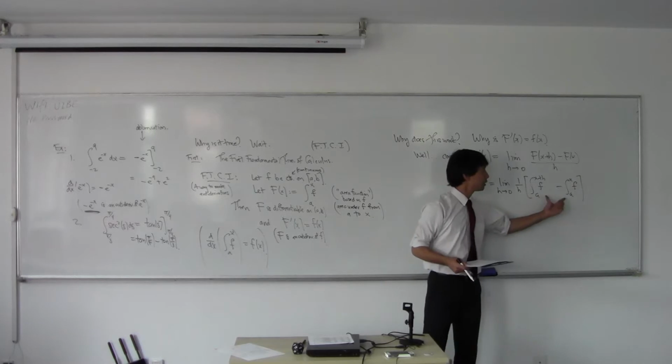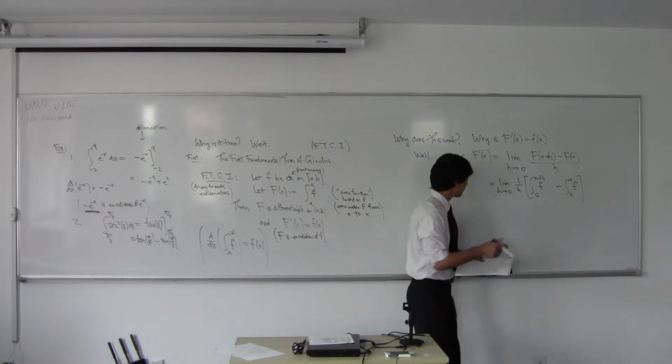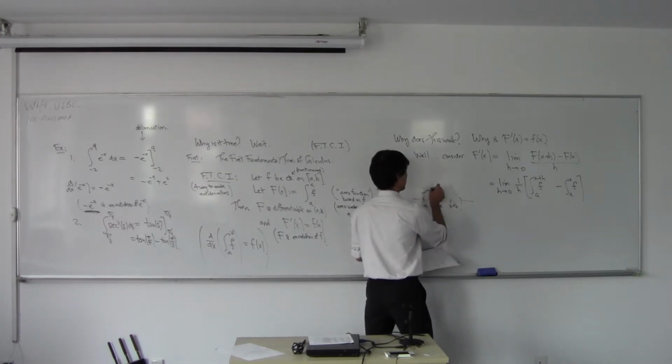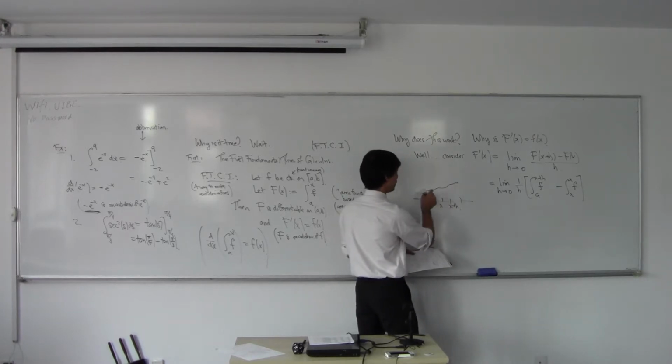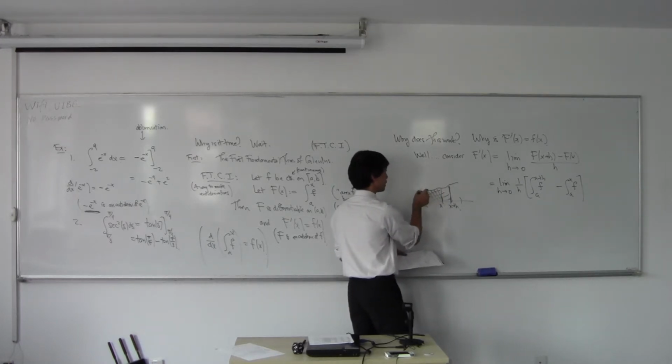Okay, can somebody tell me something about this? The integral of little f from a to x plus h minus the integral of little f from a to x. What's that? You're taking the area from a to x plus h, and you're subtracting off the area from a to x.